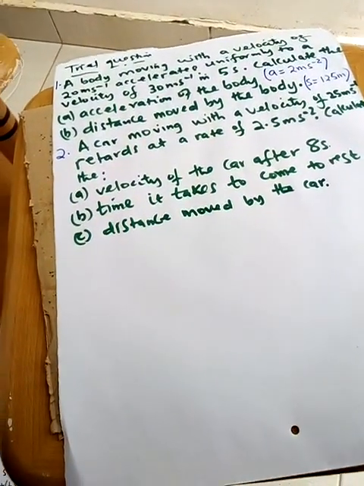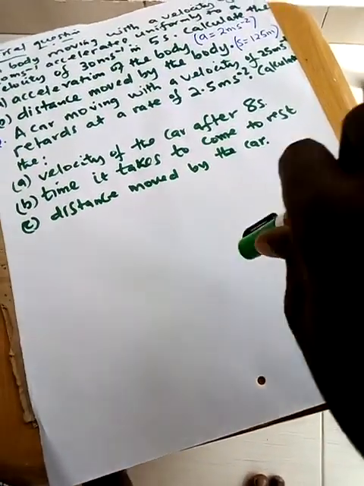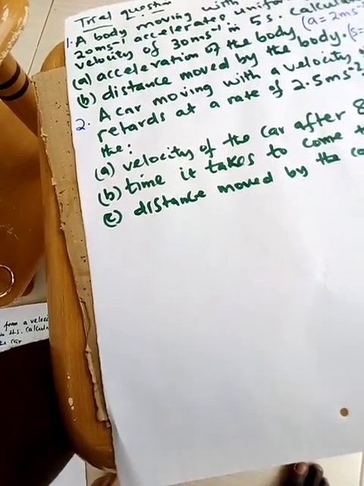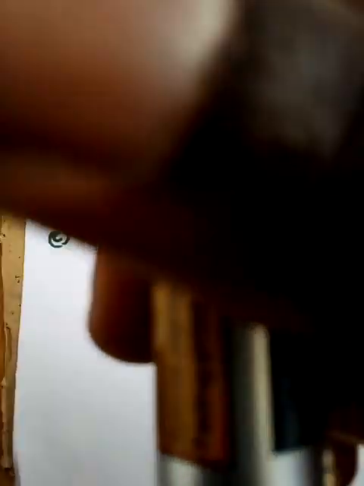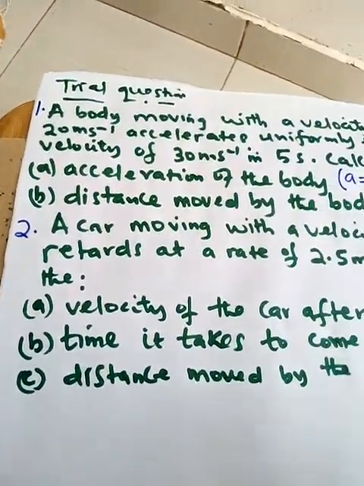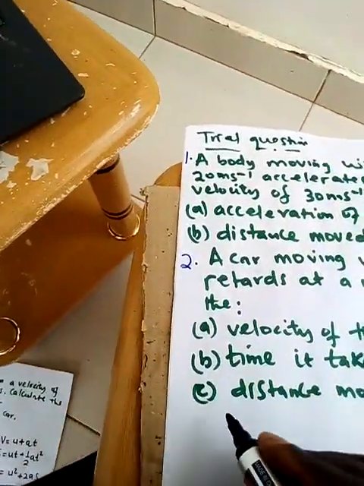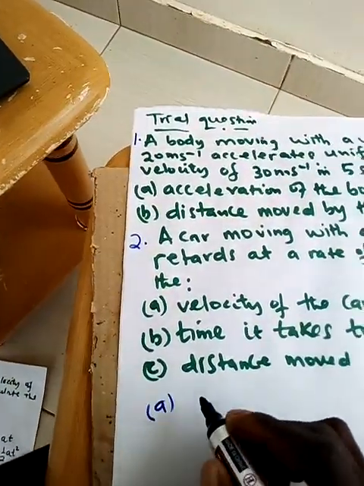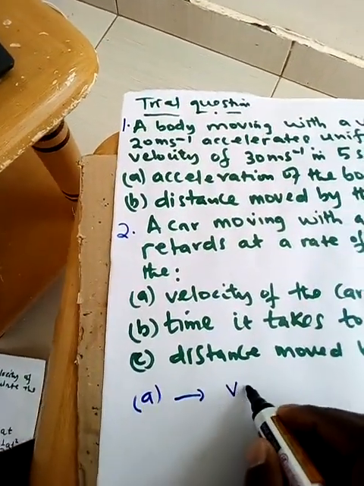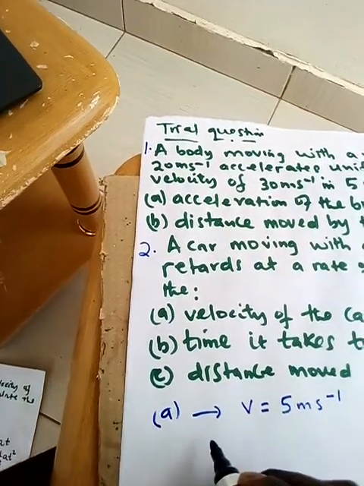I think I also need to give you the solution to this question, but I think you also need a hint here. For example, part A, the solution here is V equals 5 meters per second.